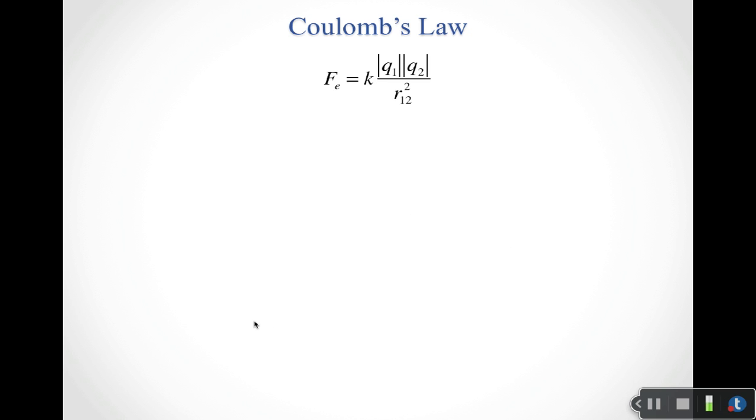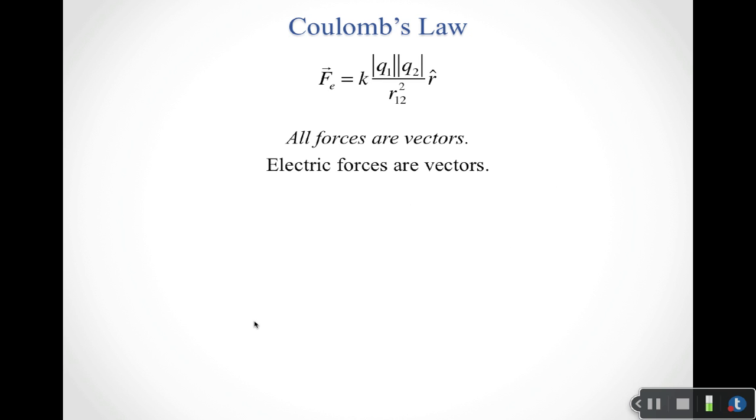All right, and then the last thing to pay attention to is, of course, all forces are vectors, so electric forces must be vectors. So sure enough, this has got to be a vector. There are a couple really important details that we're going to have to remember when we're working Coulomb's law problems.